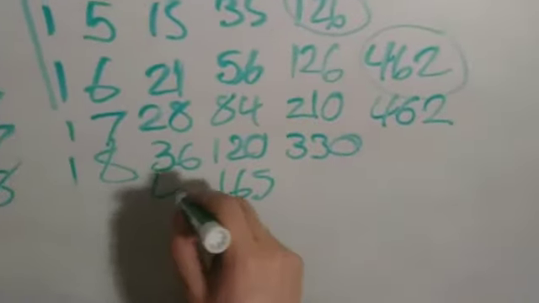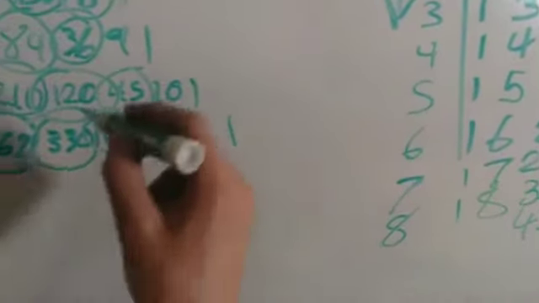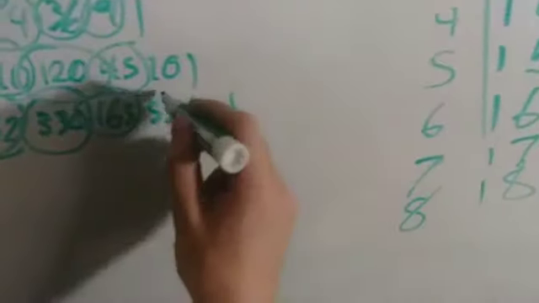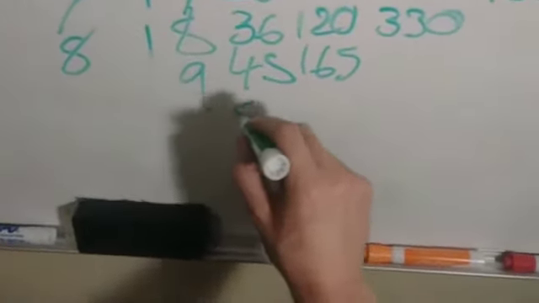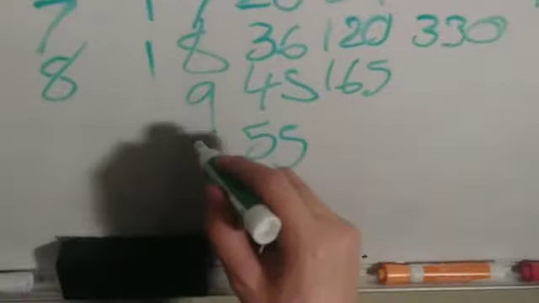After 8 comes 45, so we got an 8 there, 45 there. And then 9 and 55. And we ran out. But we can put a 10 here.